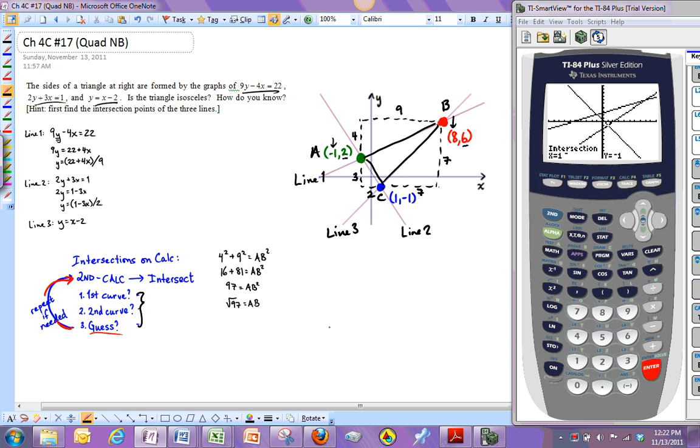So there's my first side, root 97. Let's calculate this little one here, AC. So AC squared is 2 squared plus 3 squared. So AC squared is 4 plus 9. So AC equals root 13.